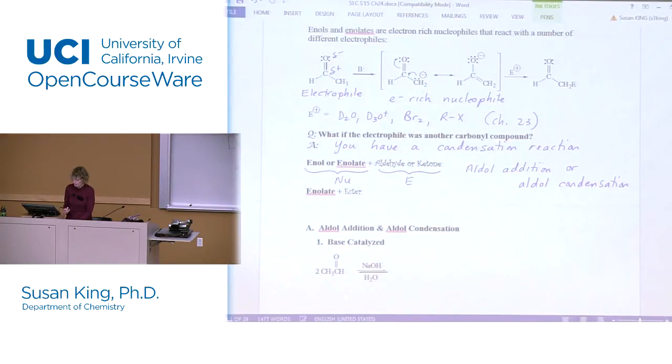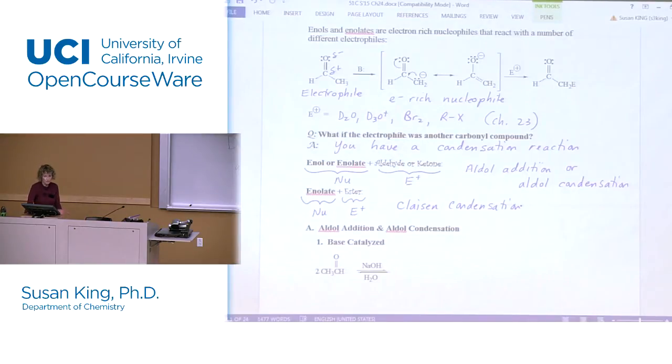If you have an enolate plus an ester, enolate being your nucleophile, ester being your electrophile, that's a Claisen condensation. So we'll start with aldol addition and aldol condensation, and then we'll talk about Claisen.